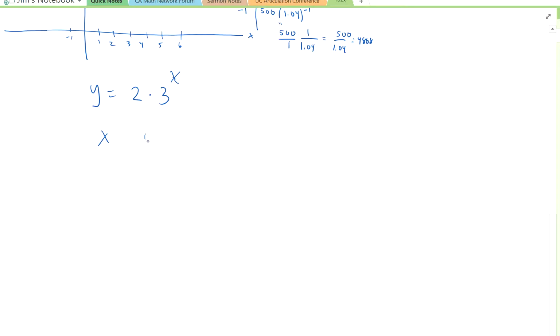And so let's make a table. Let's go with negative 2, negative 1, 0, 1, 2, 3. So this will be 2 times 3 to the negative second, 2 times 3 to the negative first, 2 times 3 to the 0.